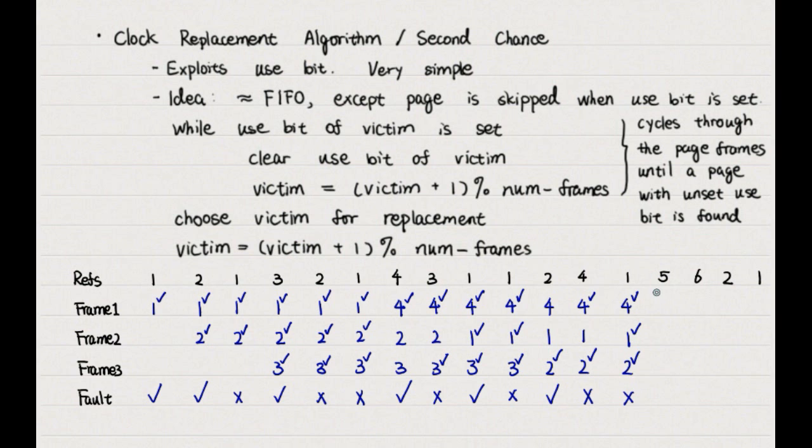Now we have 5, and we look back, and 4 has been the longest, so we replace 4 with 5. And clear the use bit of 1 and 2. There's page fault. Now we have 6, and the use bits of 1 and 2 are not set. So we replace 1 with 6.